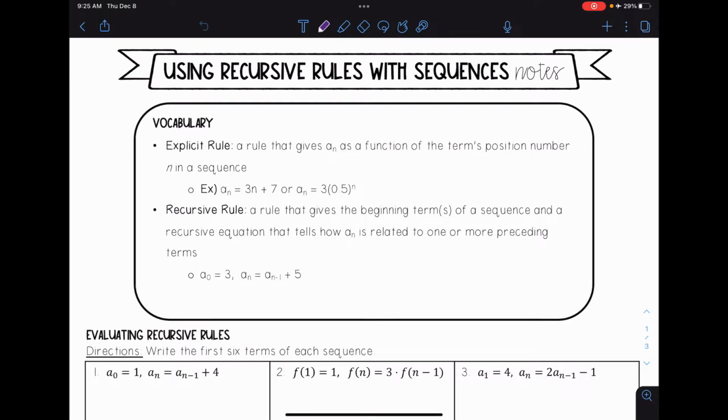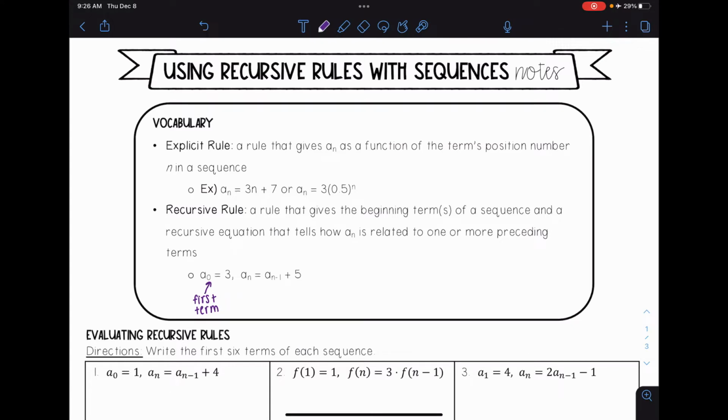A recursive rule, on the other hand, is a rule that gives the beginning terms of a sequence and a recursive equation that tells how a_n is related to one or more preceding terms. So for example, I could have a_0 is equal to 3 and a_n is equal to a_(n-1) plus 5. So this would be our first term, or that might instead be a_1, just depending on the sequence.